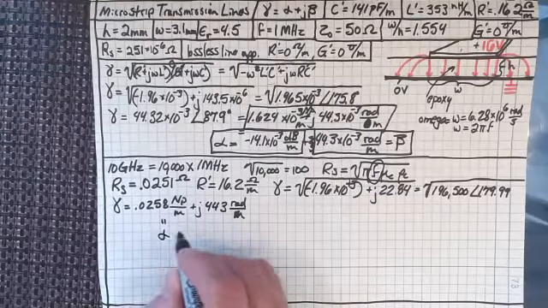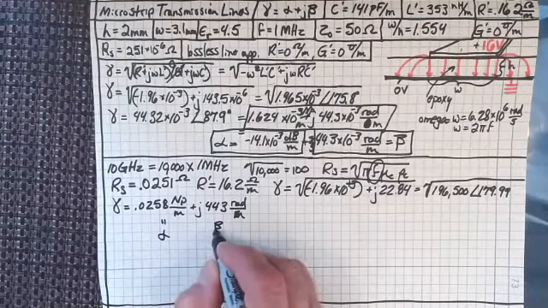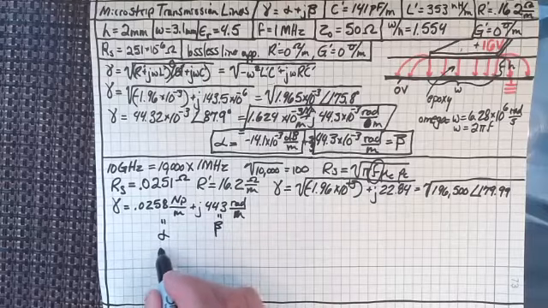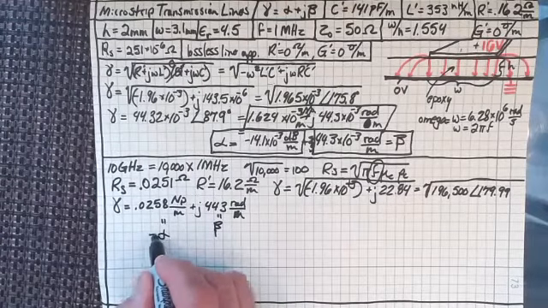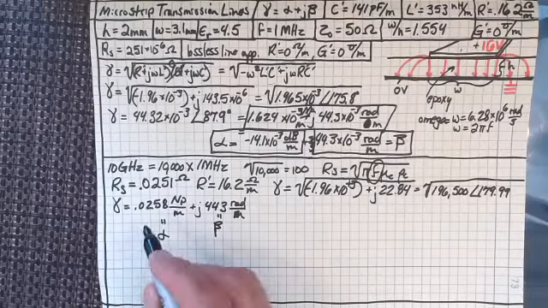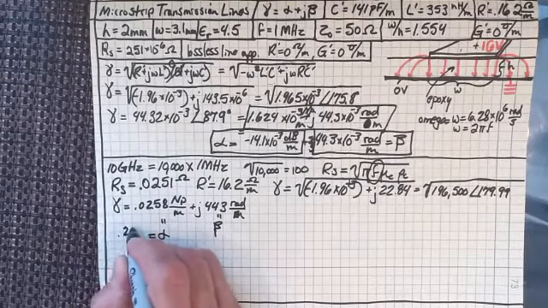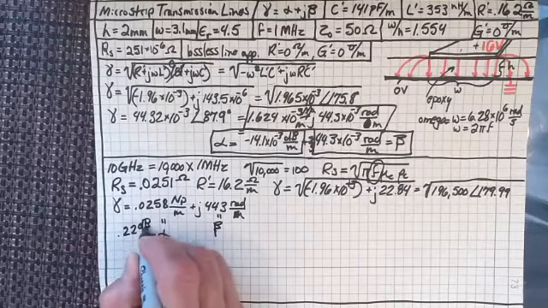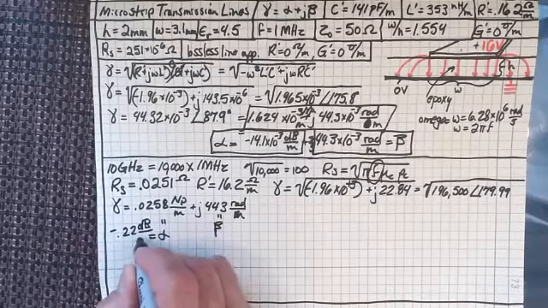This is alpha, and this is beta. And if I also wanted to look at alpha in decibels, I would say that it's minus 0.22 decibels per meter.